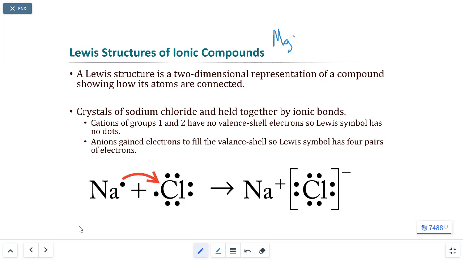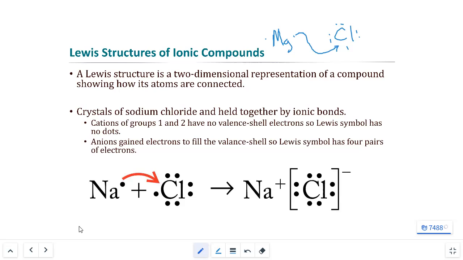like if we had magnesium with chlorine instead of sodium, what we would see is that to get rid of both of the electrons in the magnesium, one chlorine's not enough.